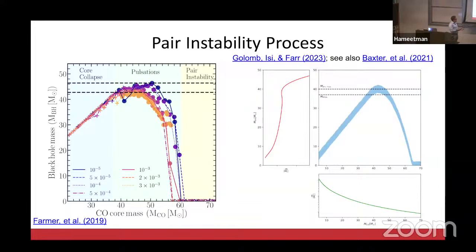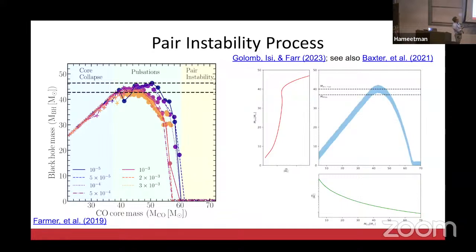They're in binary, so you imagine that the outer envelope gets stripped and you're left with a carbon-oxygen core of these masses, and you evolve that core and predict what the black hole remnant mass should be. And here, when the mass of the core is 20 or 30 or 35 or even 40 in these models, the heavier the core gets, the heavier the black hole gets. That's straightforward. It's very sensible.